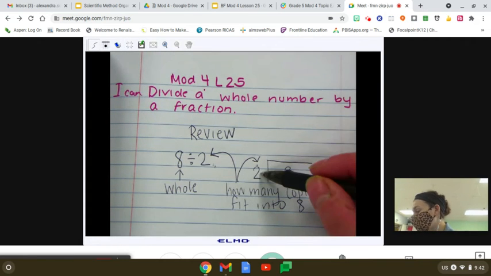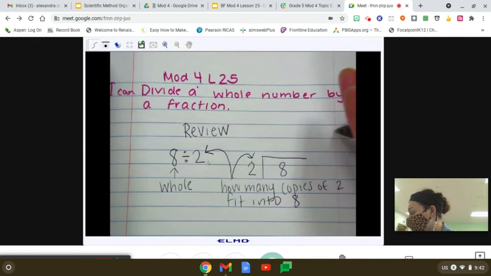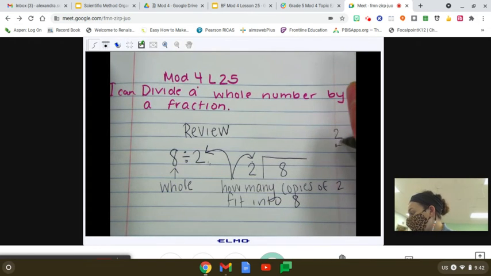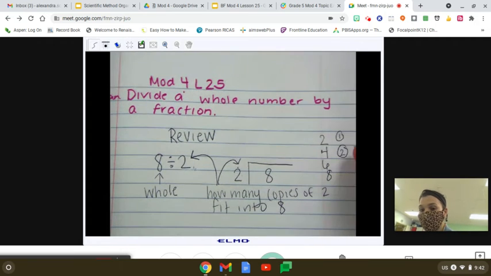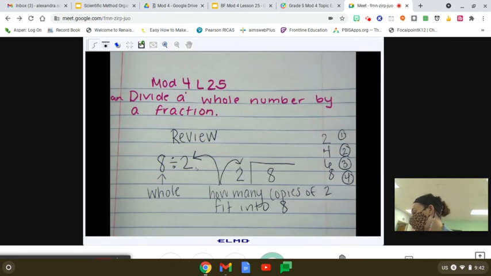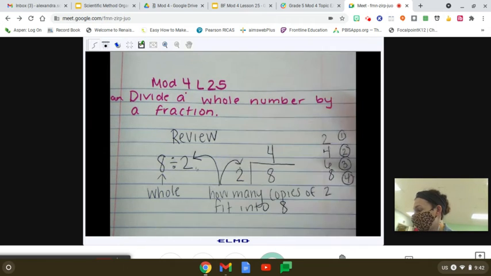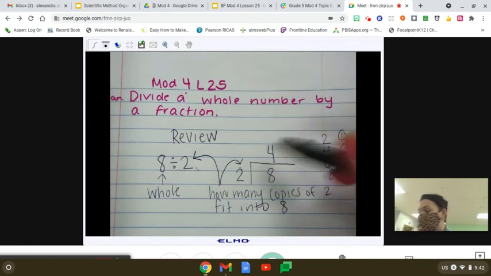We would say 4 copies of 2 fit into 8. 2, 4, 6, 8. If I counted by 2s, 1 copy of 2, 2 copies of 2, 3 copies of 2, 4 copies of 2. 4 groups of 2 fit into 8. So 8 divided by 2 is 4.